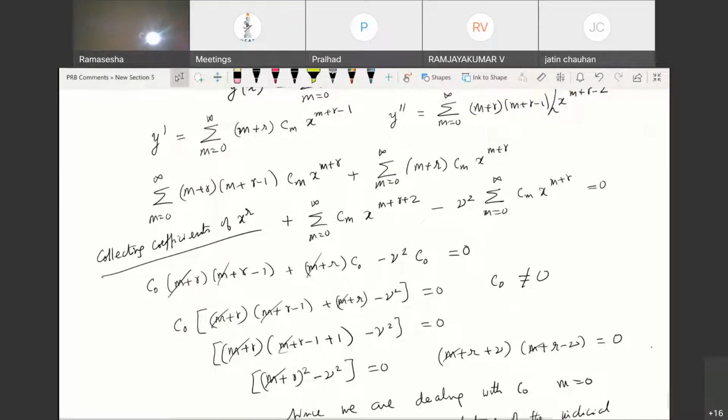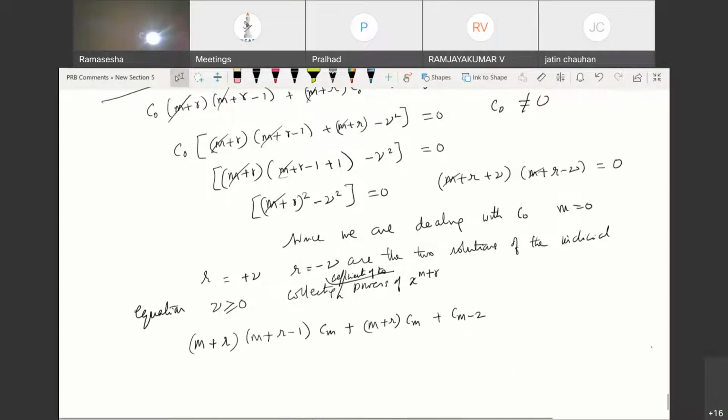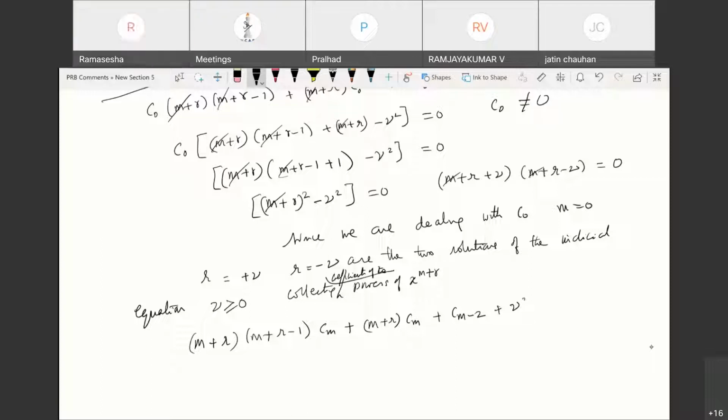plus CM minus 2 minus nu square times CM. Okay. M plus R CM is actually minus. Okay. This is what we will get 0.